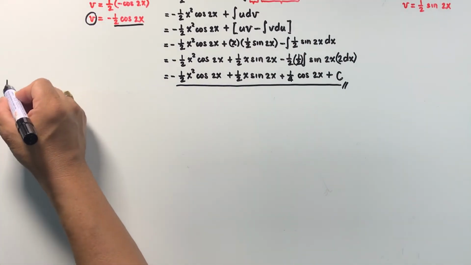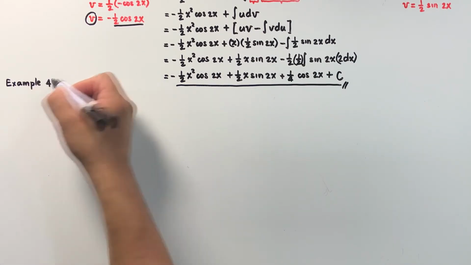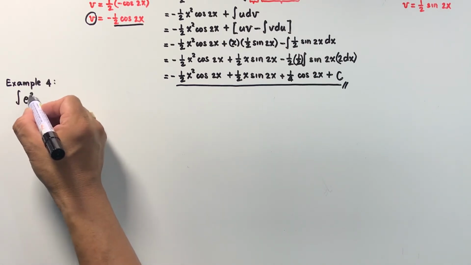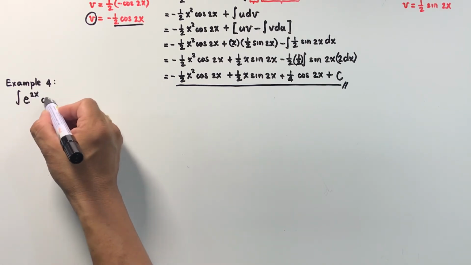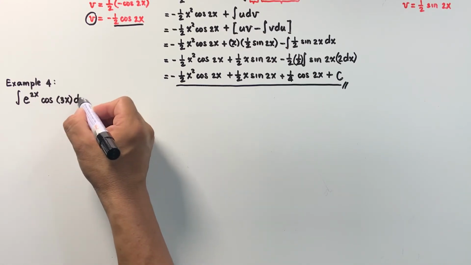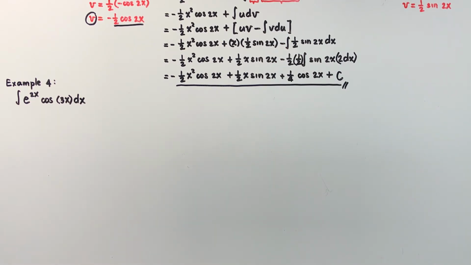Now let's proceed to our example number 4. What is the integral of e to the power 2x times cosine 3x dx? Now looking at this integrand, this is a product of an exponential function and a trigonometric function.